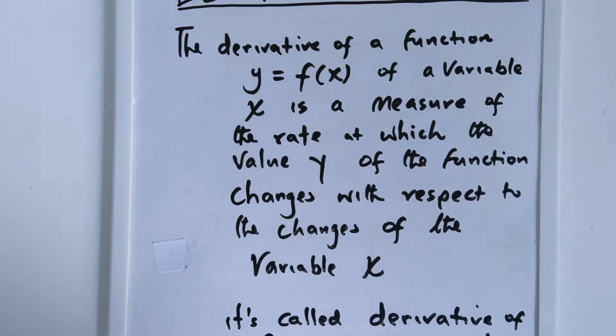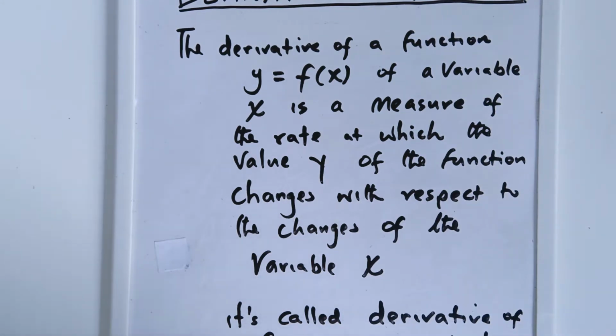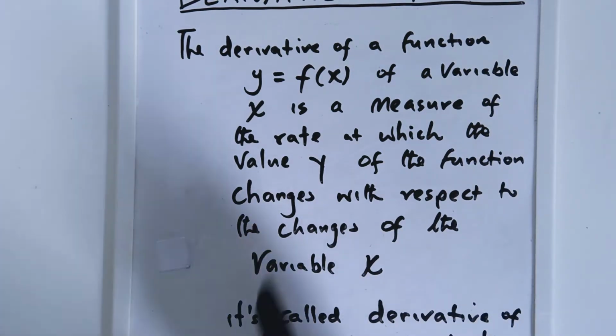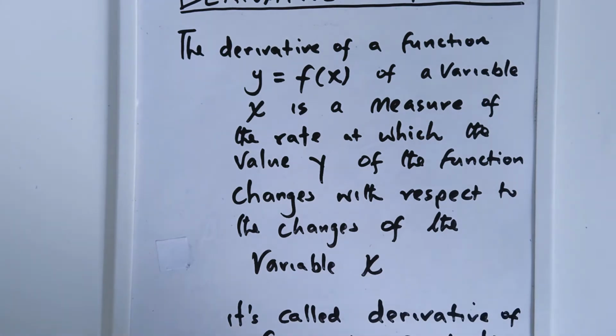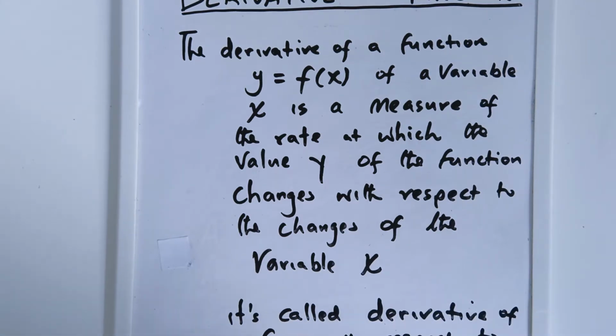Let us start with the definition of the derivative of a function. The derivative of a function, say y is equal to f of x, of a variable x, is the measure of the rate at which the value y of the function changes with respect to the changes of the variable x.